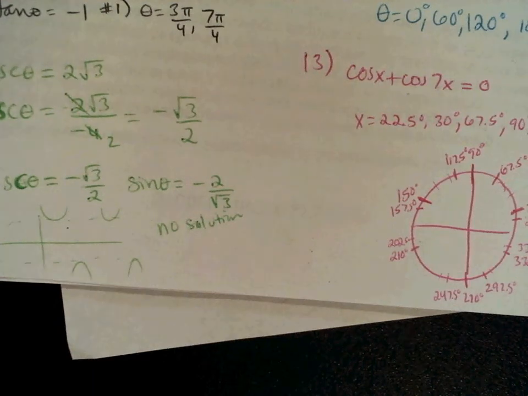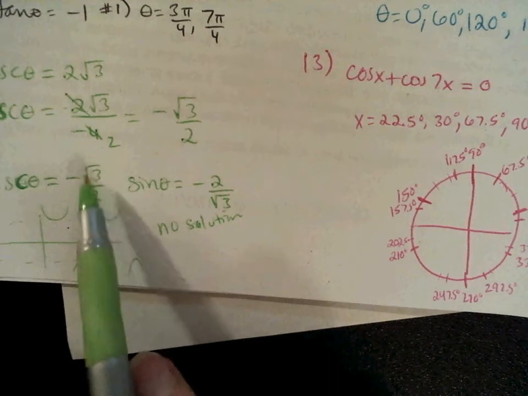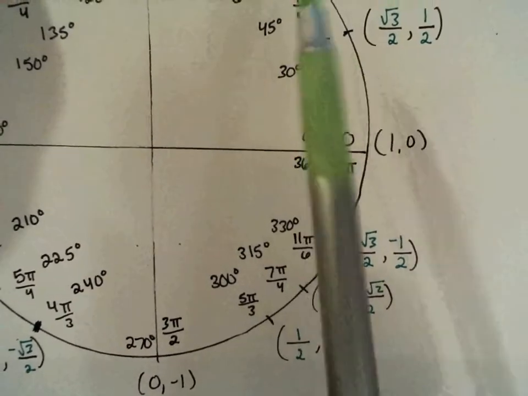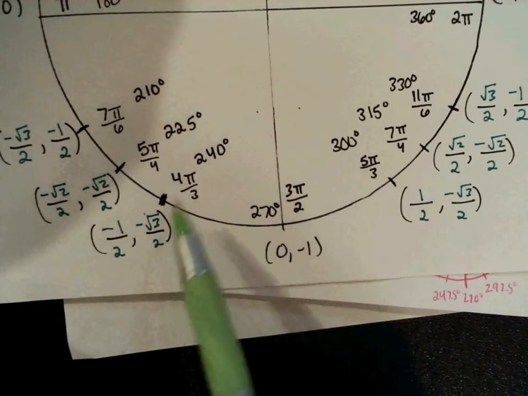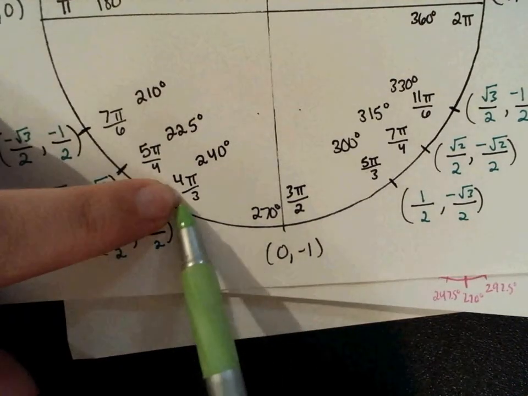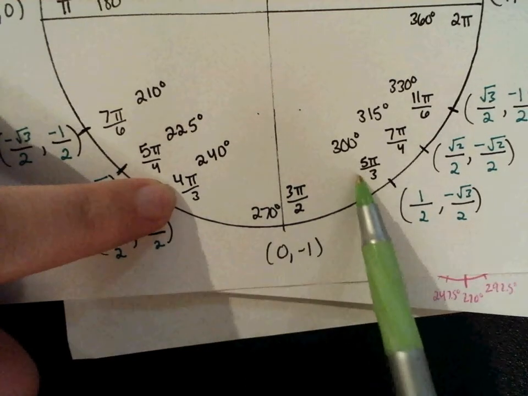Now, I will say, I did ask you on 15 and 16 to find all solutions in radians. So this is one of those situations where, say I had been solving when sine equals negative square root of 3 over 2, right? So let's look at that. Sine equals negative square root of 3 over 2 at 4 pi over 3 and at 5 pi over 3.